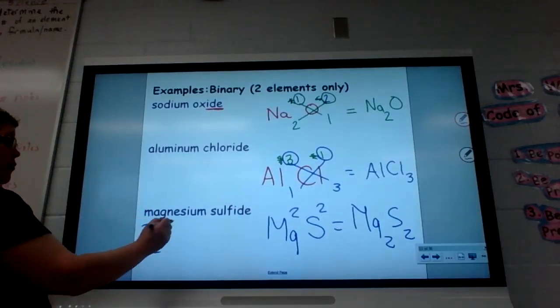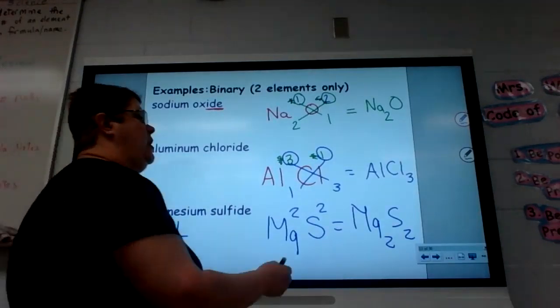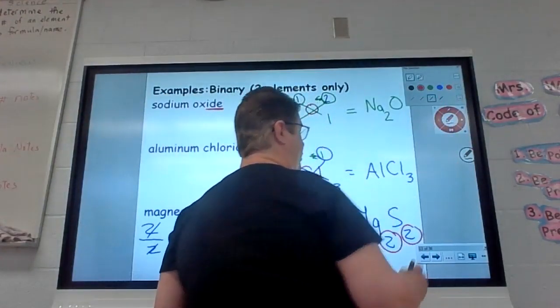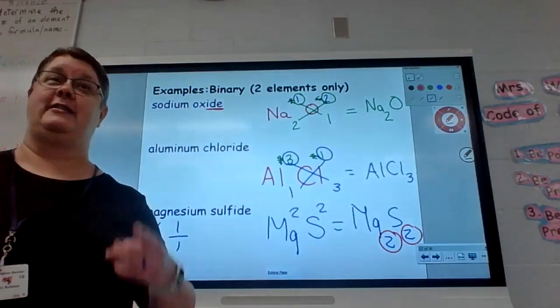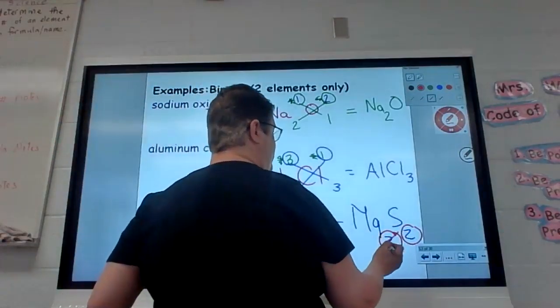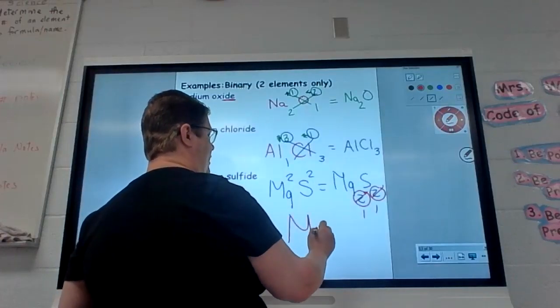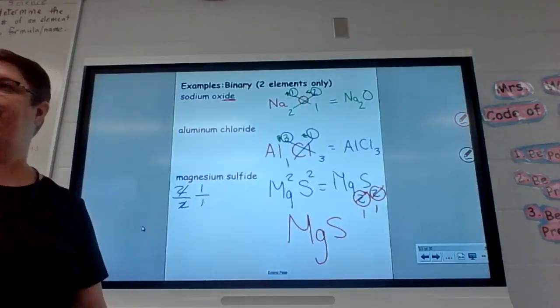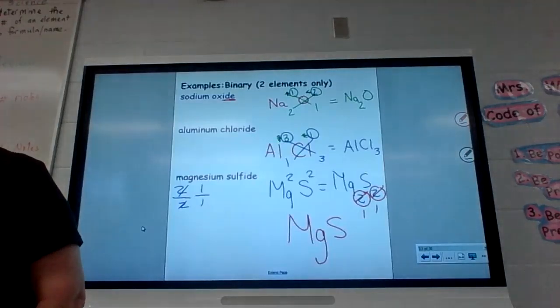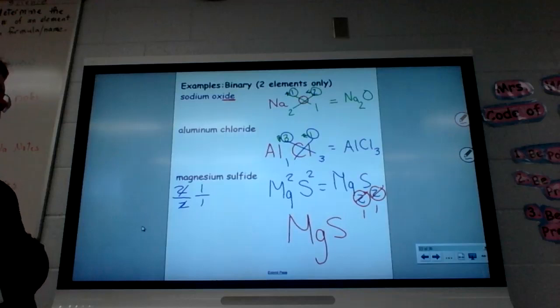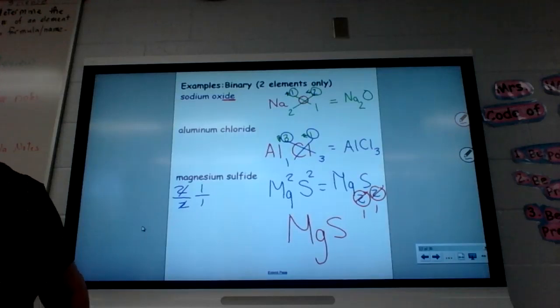They would simplify to 1 over 1, right? So what do you suppose happens in science class when you have 2 and 2? They cancel out. So this reduces to 1 and 1, and you get MgS. Did anybody do that? No? Okay. If you wrote 1 and 1, it's fine, but it should reduce to MgS.